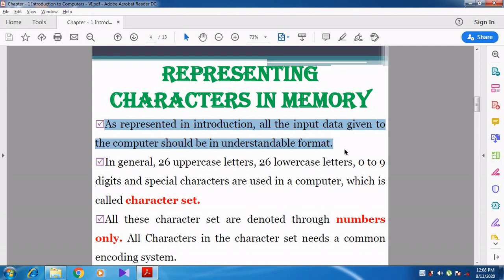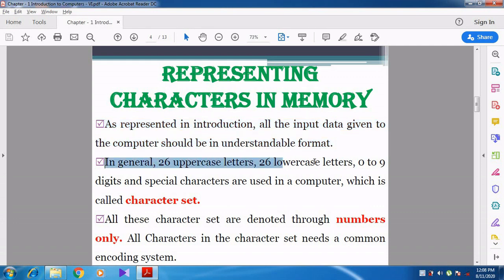Right. In general, 26 uppercase letters, 26 lowercase letters, 0 to 9 digits and special characters are used in the computer. We know very well how many alphabets there are: 26. So they have given 26 uppercase letters and 26 lowercase letters.